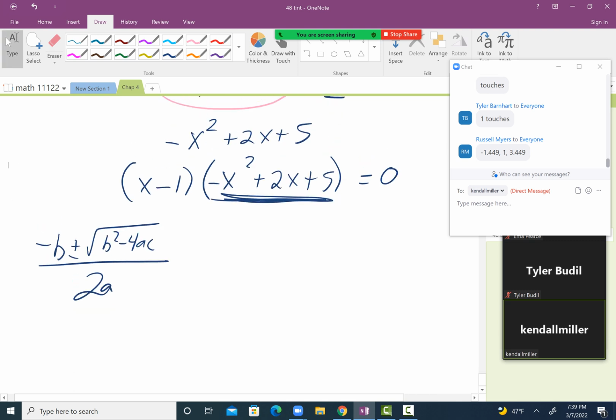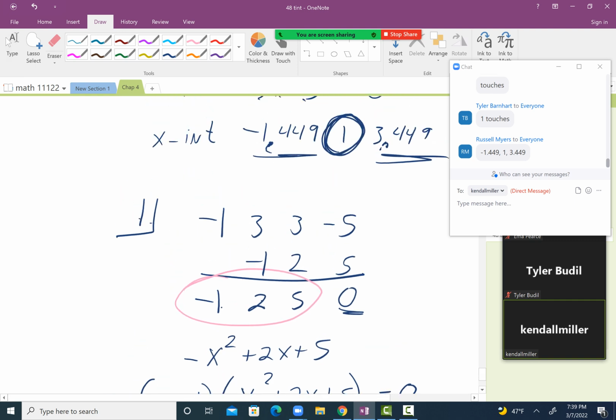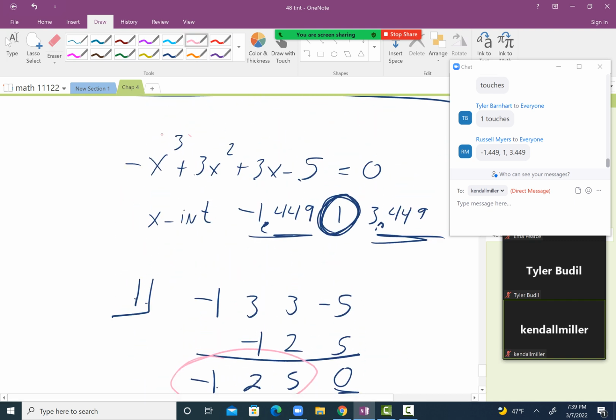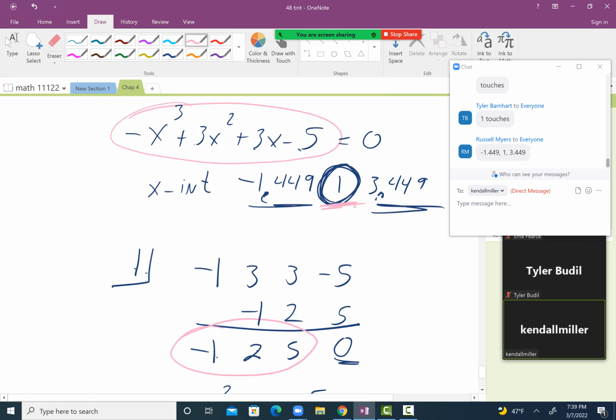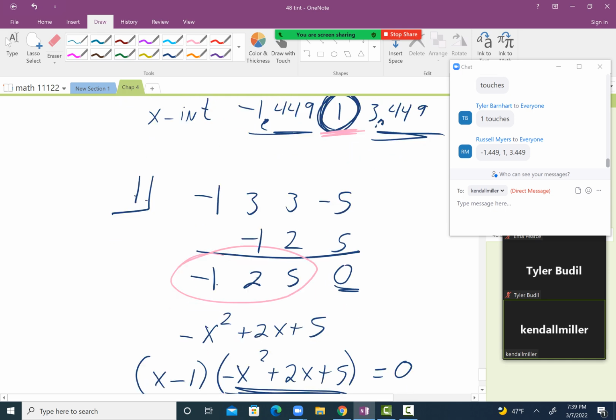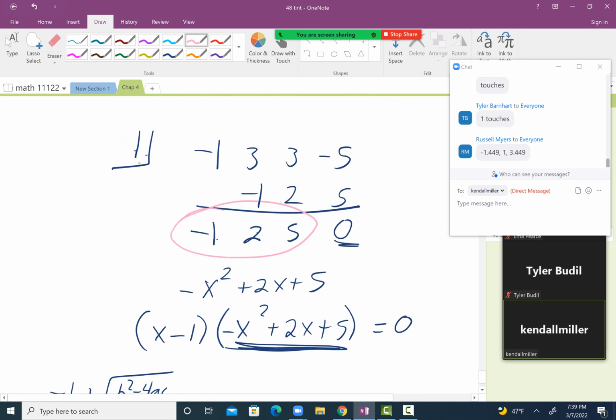I'm sorry, I'm just really confused still on how you get that second part of the factored form. That's okay. So we started out with this third degree, correct? Yes. Then we found an x-intercept, it's 1. So we divided this by x minus 1, just using synthetic division with 1.